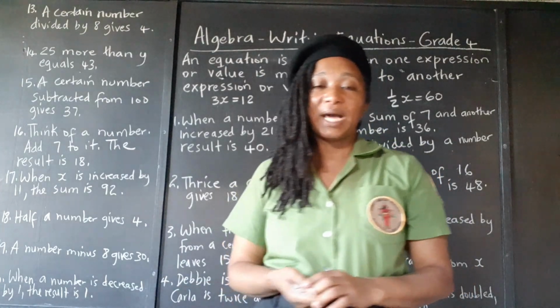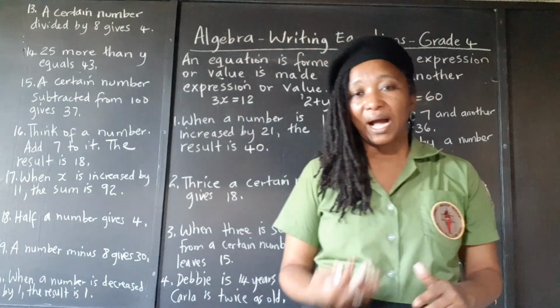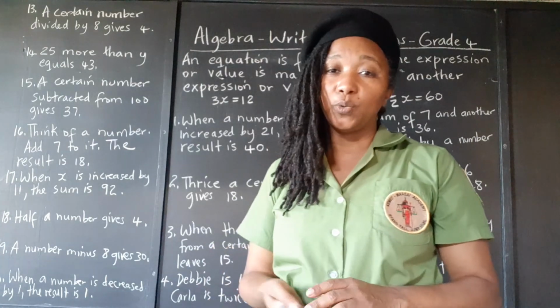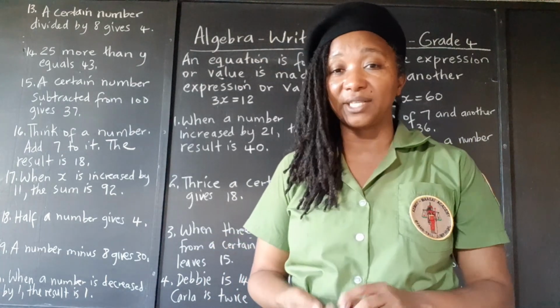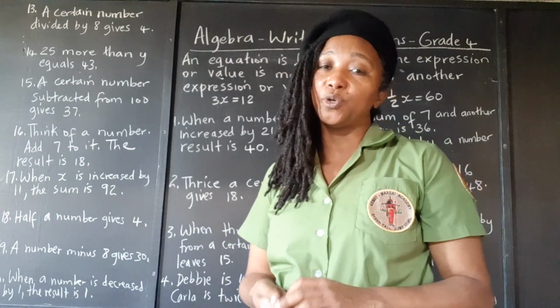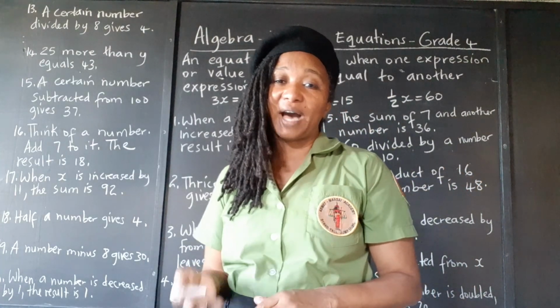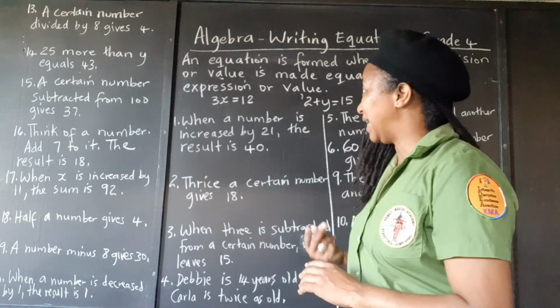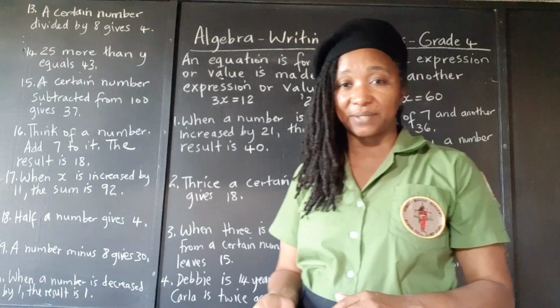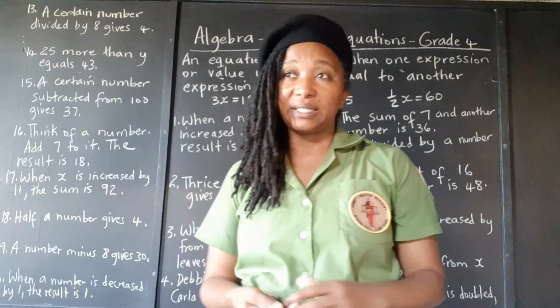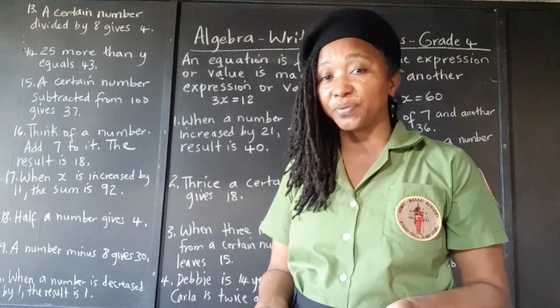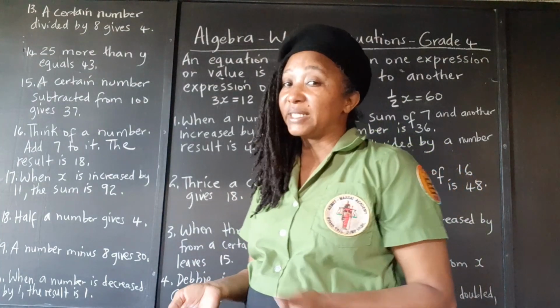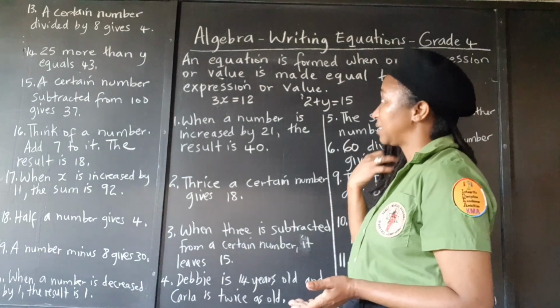Now, since we're doing algebra, it really involves using letters to represent unknown quantities, and usually the aim is to find out the value of that unknown quantity. So the letters, we call them variables. Variables because their value can change according to the situation, right?